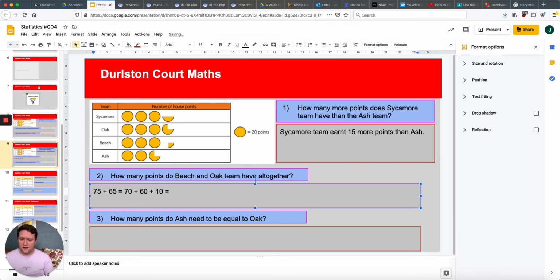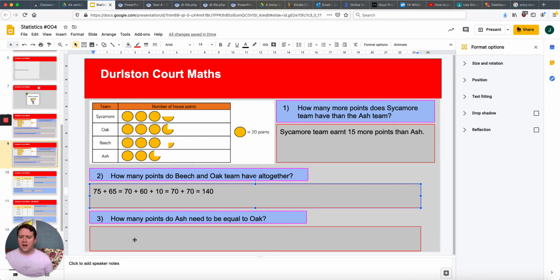I'm going to do the 60 plus the 10 to make another 70. So then I have 70 plus 70. And the reason I did that is because I can now use my doubles. So double 7 is 14. So double 70 must equal 140. Fantastic. So those two teams must have 140 house points together.